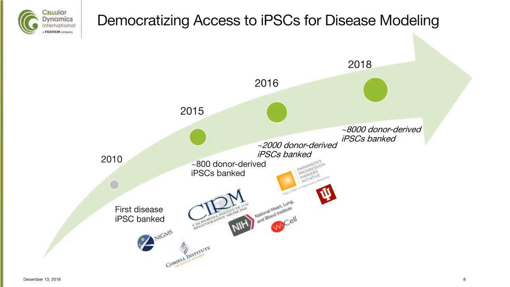And the projection for 2018 is around 8,000. And these are across different disease backgrounds, from neurological disorders and cardiac disorders, of hypertrophic cardiomyopathy, dilated cardiomyopathy, and some neurological disorders. And some of them are disorders that affect the hepatocytes and different systems of the body.